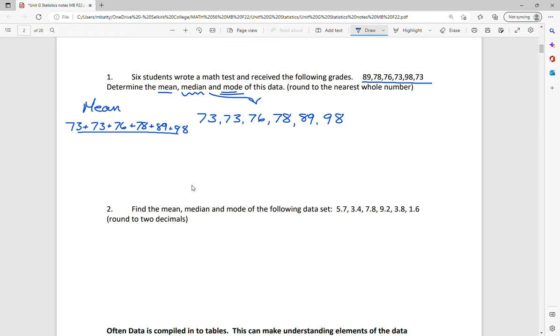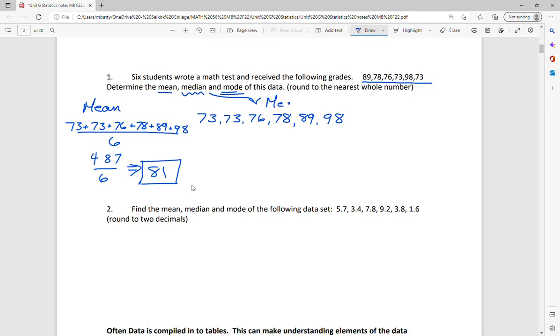I total all those up and divide by 6 because that's how many students there were. That gives me on my calculator 487 divided by 6, and I don't always show my work. I usually just leave it in the calculator. When you add these up, be sure to hit equals at the end and then divide by 6, otherwise you're going to get a weird value. And this should work out to 81 as an average grade on the test.